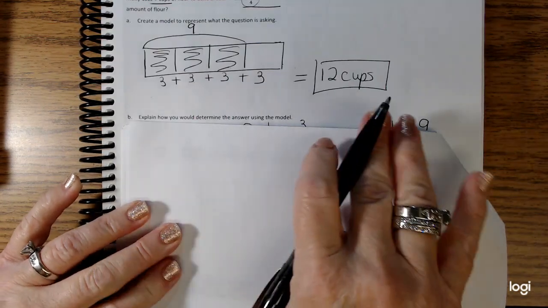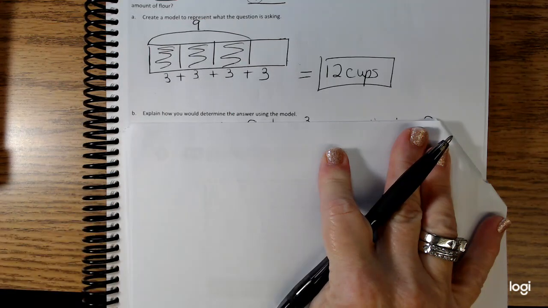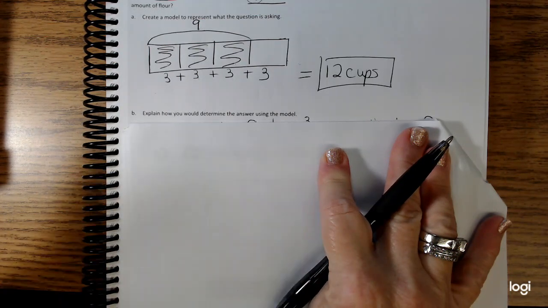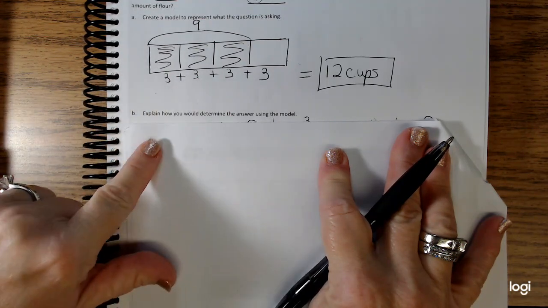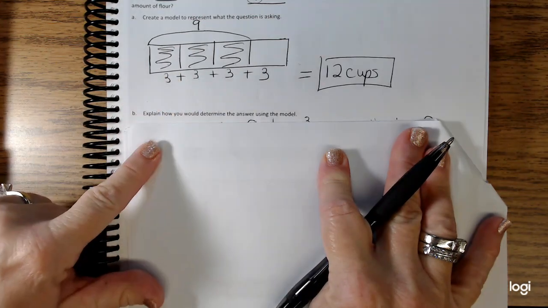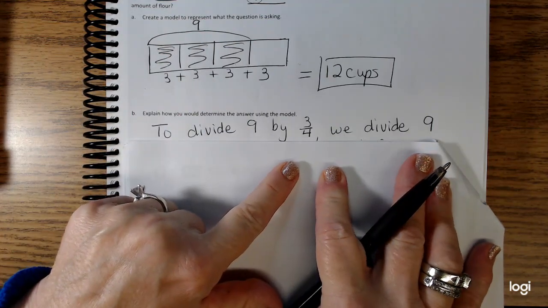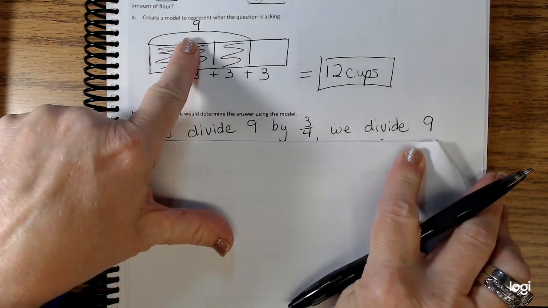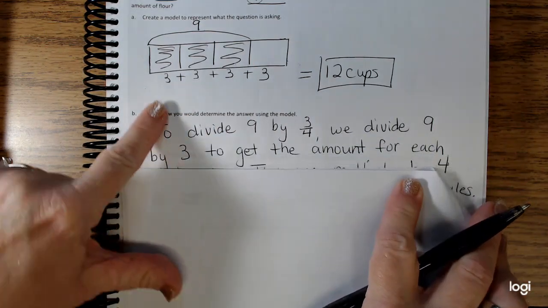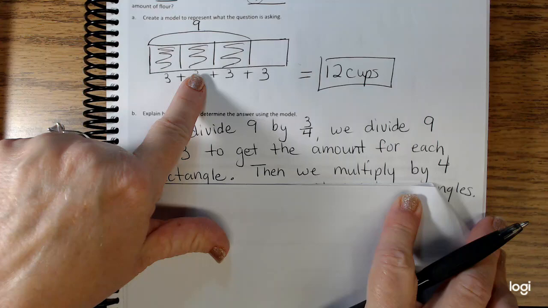All right, so I'm going to ask you to write this answer one time, so that way you have it in your notes, so you always know with word explanation how we solve this. When it says explain how you would determine the answer using this model, well, what we did is divide 9 by 3/4. If you notice right here, we took the 9 and divided it by 3 to get the amount for each rectangle. So we found 3, 3, 3.